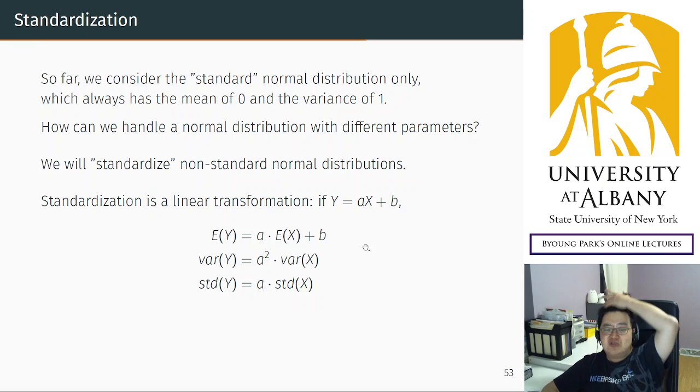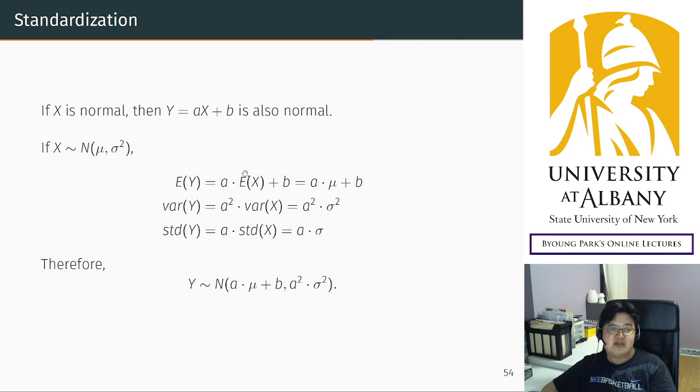Then how can we use this? Whatever normal distribution you get in X, I would like to transform the non-standard normal distribution X into another random variable that has a standard normal distribution. That is, if X is normal, then Y is also normal.